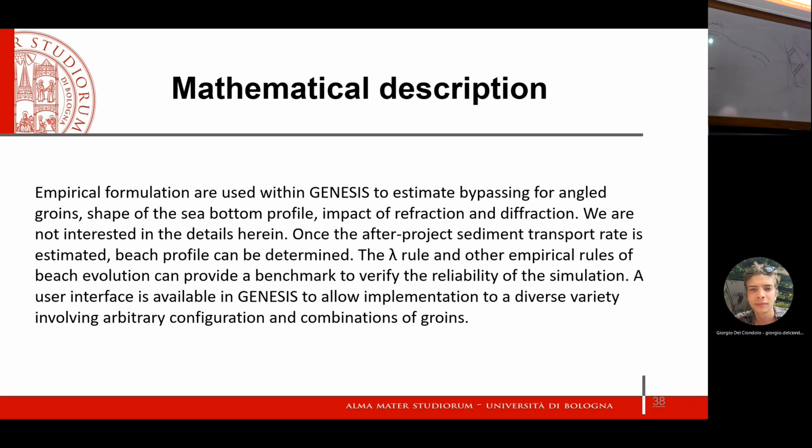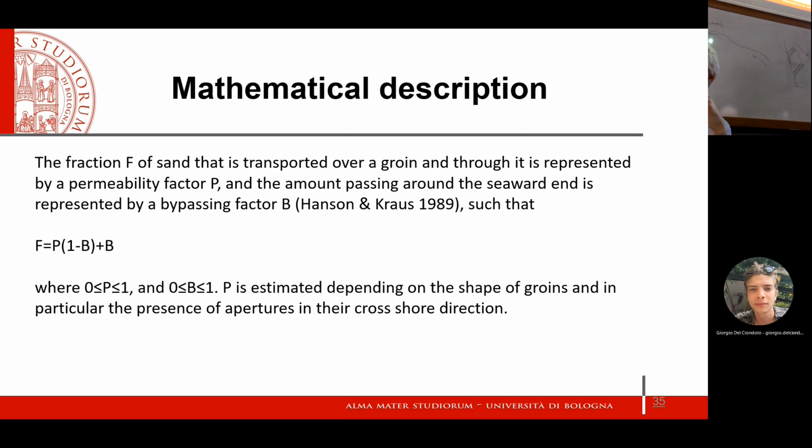There are empirical formulations, as I said, and assumptions used within Genesis to estimate bypassing for angled groins, the shape of the sea bottom profile, and the impact of refraction and diffraction, and we are not interested in the details. In general, I'm not asking anything at the exam related to Genesis, though I may ask how the permeability or fraction of bypassing is estimated.